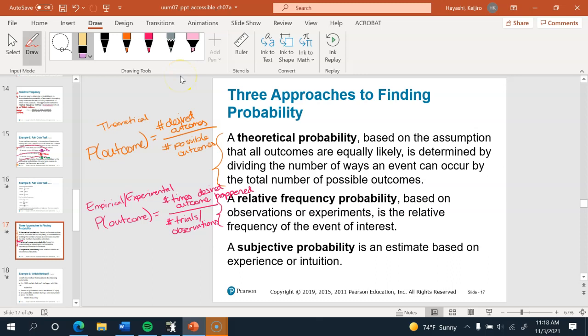And last, there's a subjective probability, which is usually just a figure of speech or a relatively inaccurate kind of estimation. A subjective probability is like: in the past week, 6 out of the 7 days have sucked, so there's a 6 out of 7 chance that today will suck.